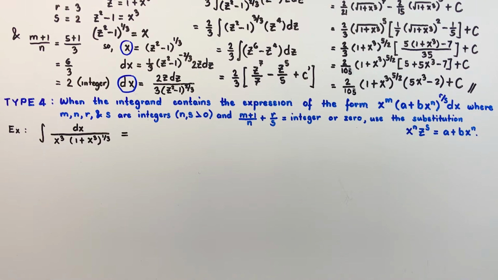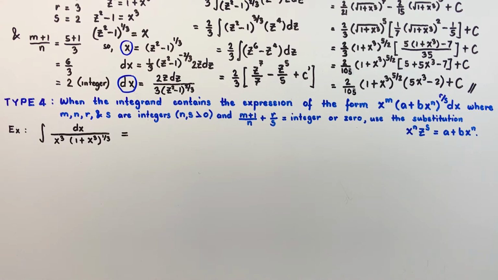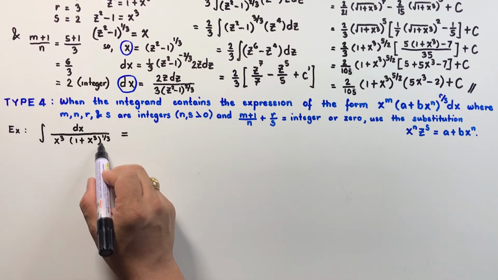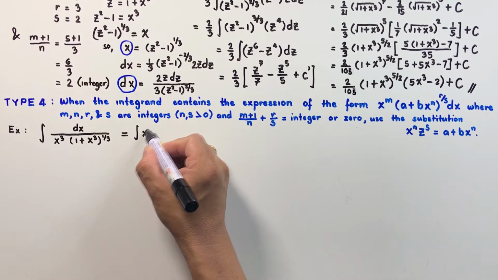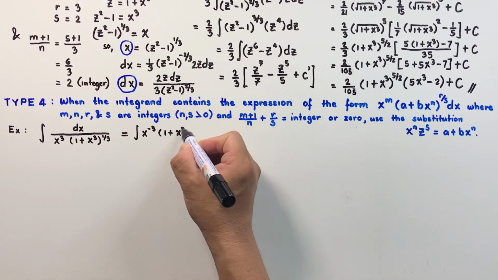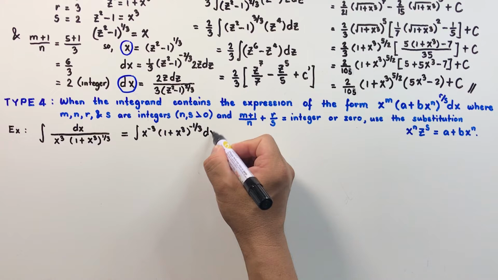So to illustrate this type of integrand, let us solve this example here. What is the integral of dx over x cubed times (1 plus x cubed) quantity raised to the power 1/3? Now moving this denominator here to the numerator, we have the integral of x to the power -3 times (1 plus x cubed) to the power -1/3 dx.